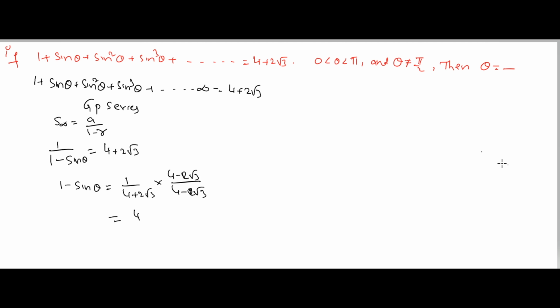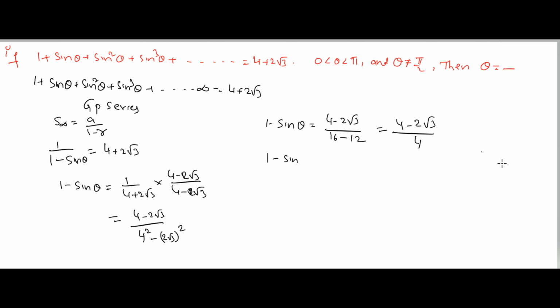This is (a plus b) into (a minus b), so 4 square minus (2 root 3) whole square. Therefore 1 minus sin theta is equal to (4 minus 2 root 3) by (16 minus 4 into 3, that is 12), which is equal to (4 minus 2 root 3) by 4.